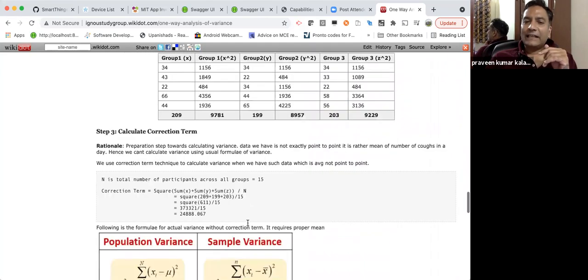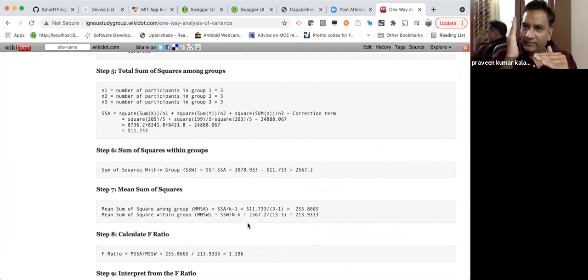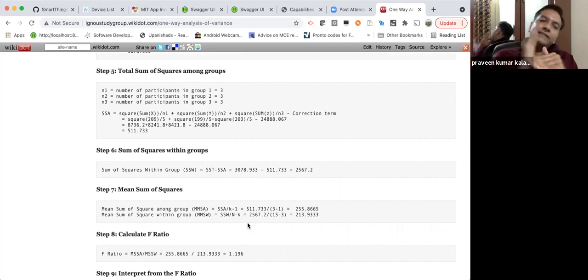There is a table that gives the watermark using which I can say that this is more or this is less. And then based on that, I can say whether I accept the null hypothesis or reject the null hypothesis.